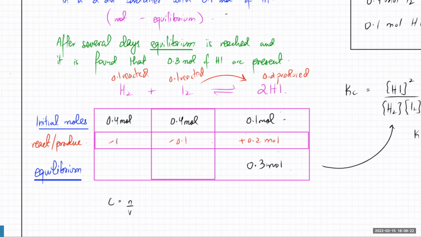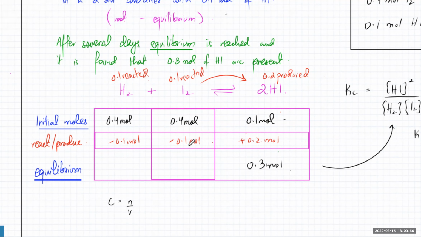And इधर भी 0.1 moles have reacted. Minus sign का मतलब है कि react हो गए, they're gone, they're finished. So 0.1 reacts with 0.1, and you'll have... तो आप मुझे बताओ कि equilibrium पे क्या moles होंगे? 0.4 were initially added, 0.1 are gone.